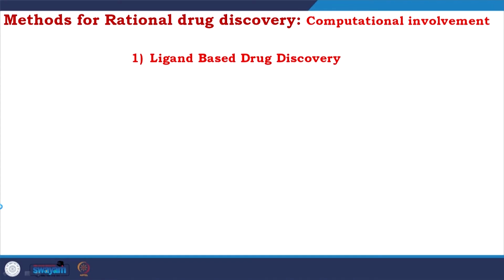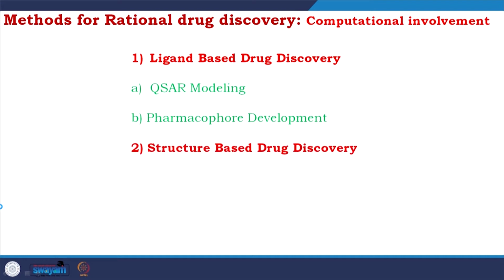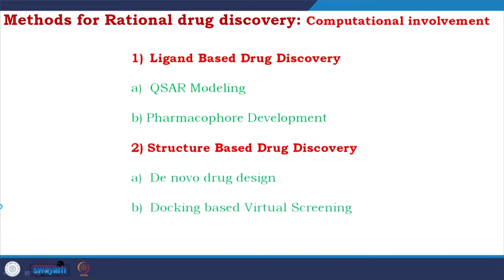As I told earlier, rational drug discovery is divided into two major parts: ligand based drug discovery, where two major methodologies are QSAR modeling and pharmacophore development, whereas the other is structure based drug discovery, where we have de novo drug designing, where the drug designing happens from scratch without any prior information, and docking based virtual screening.